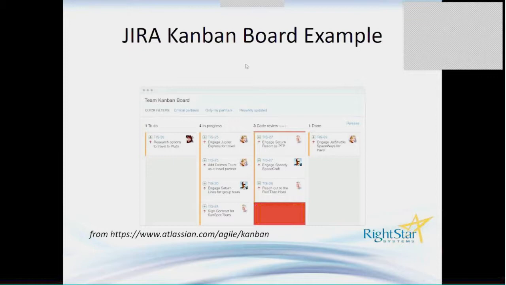RightStar is an Atlassian partner, and we implement incident management for our Atlassian customers through JIRA's service desk. We do also have a partnership with BMC software, and we have a number of IT service management products, Remedy and Remedy Force most commonly among those, for which we also implement incident management.